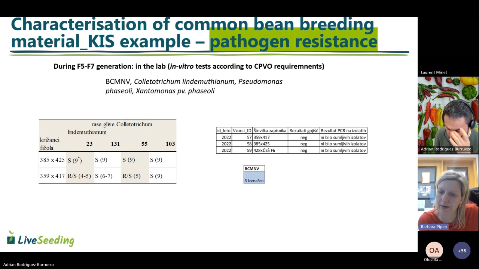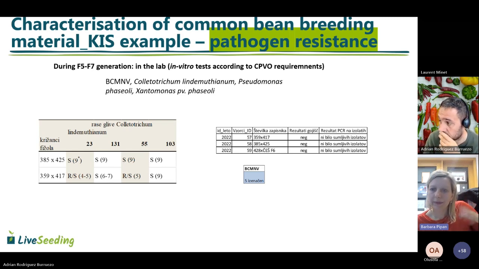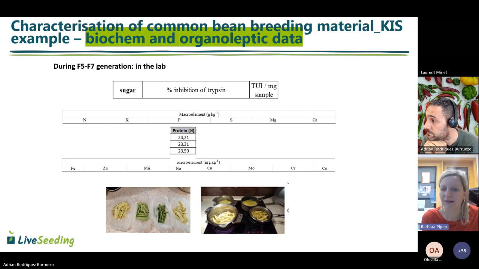This is actually a very important part of the evaluation, because our breeding objectives are also following the direction that our varieties have some tolerance or resistance to especially those diseases which are most important in common bean. Next slide, please.